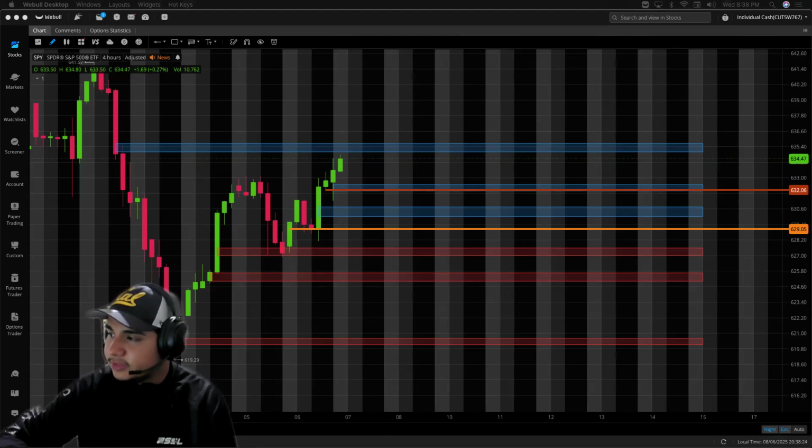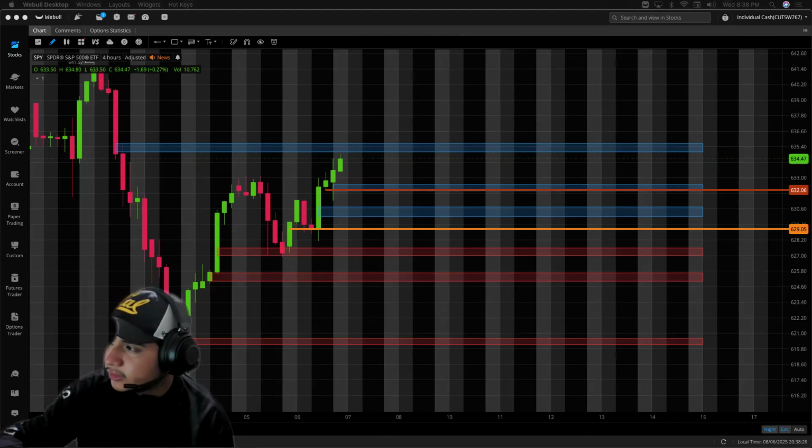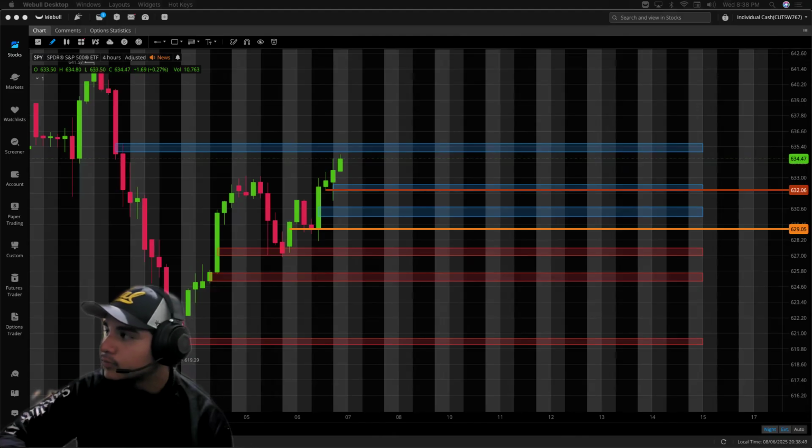Now I would like to look. Let's take a look at the seasonality and see what the seasonality is telling us as far as ES, the S&P 500. So it's August 6th.